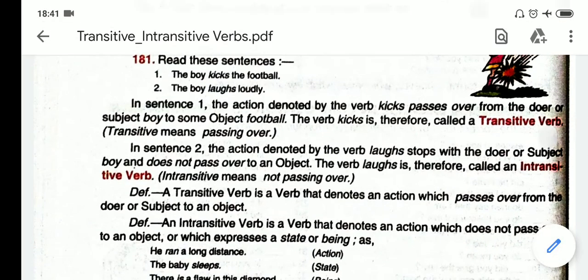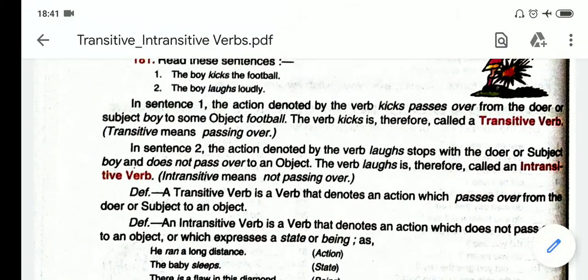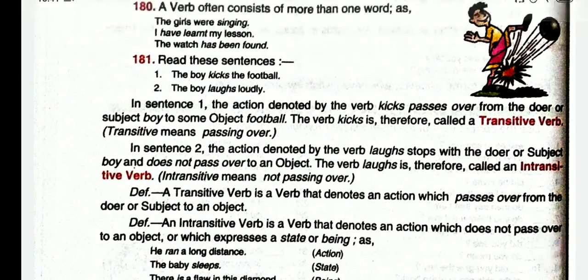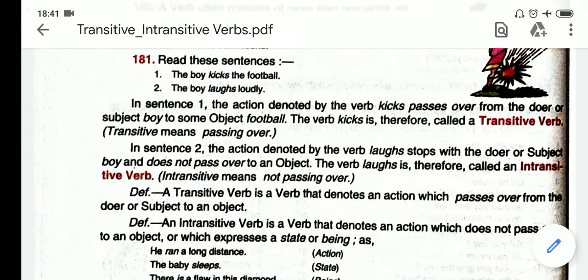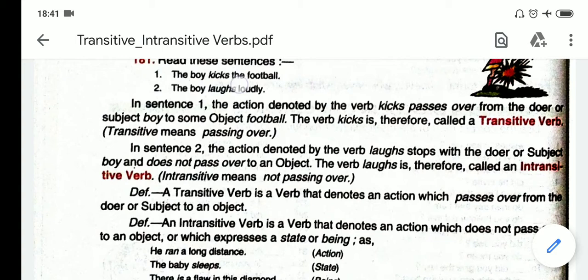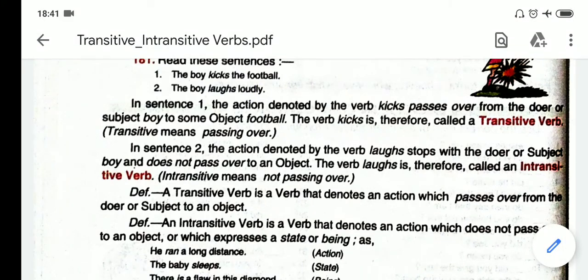In the second sentence, the boy laughs loudly. The action denoted by the verb laughs stops with the doer or subject, boy, and does not pass over to an object. The verb laughs is therefore called an intransitive verb. In this case, boy is the subject, laughs is the verb, but there is no object. So the action is not passing over from the subject to any object.